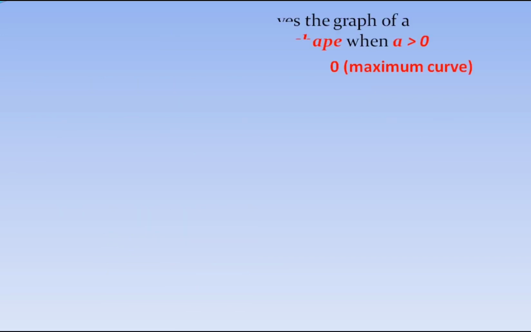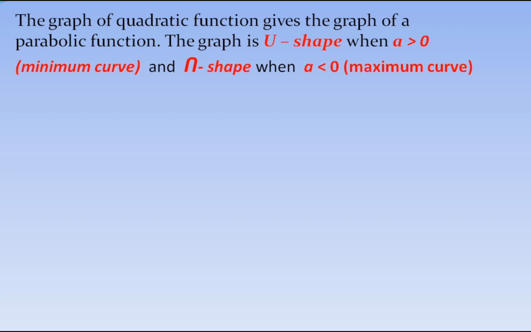Now let's look at the graph of a quadratic function and how it looks. As I said, the graph of a quadratic function gives a parabolic function. For a parabolic function, we can have the U shape, and that is when a, the coefficient of the highest degree, x squared, is greater than 0.